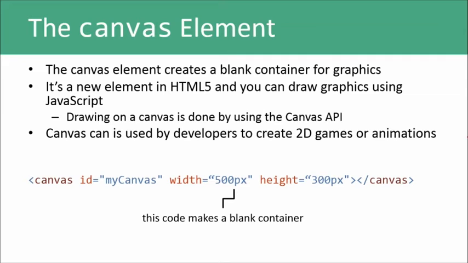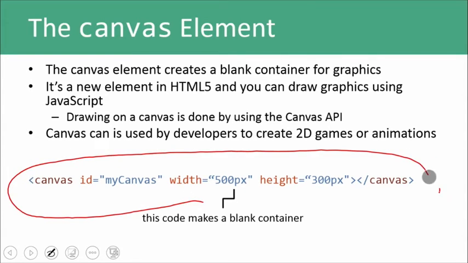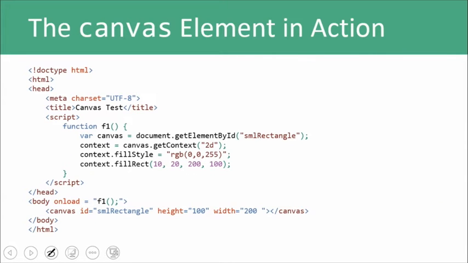So note though that all this code that's down below, all that it's going to do is just create a blank container. So there's not going to be anything inside on a web page that uses the Canvas element like this, right? Instead, we're gonna go ahead and take a look at this code in just a second on screen. But you can see here, we're using JavaScript, which is defined by those script tags, in order to actually draw a small rectangle.